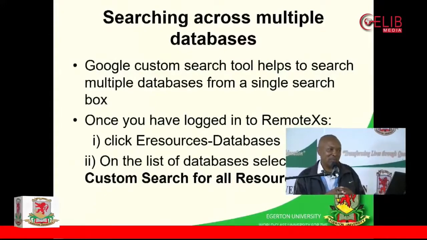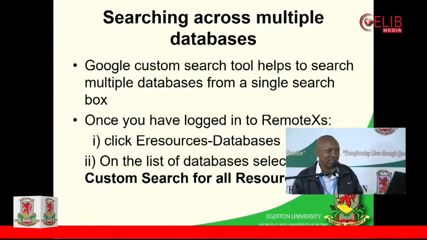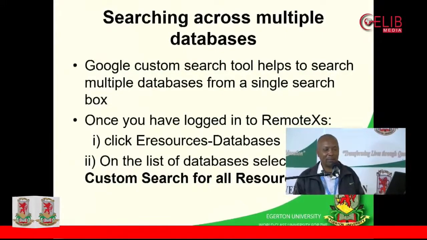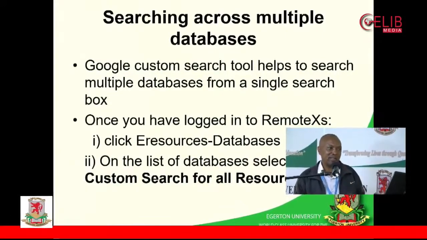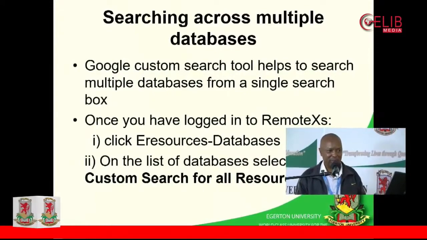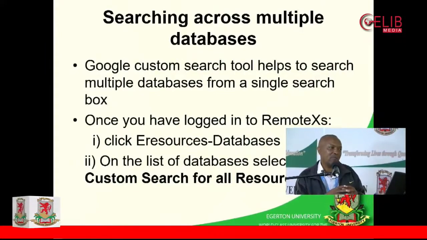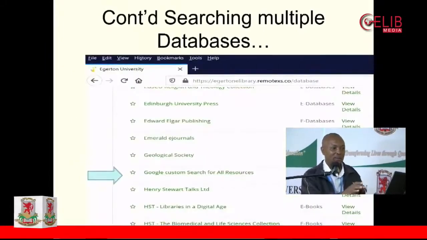Another feature which we have borrowed from a very powerful search engine called Google: we realize that when you are searching across our databases, you may have issues, or maybe you're not getting the subject of choice. So we have embedded a Google search engine, which will search our resources.